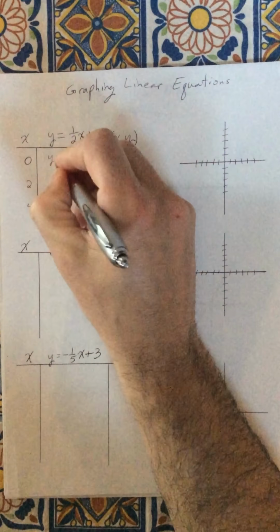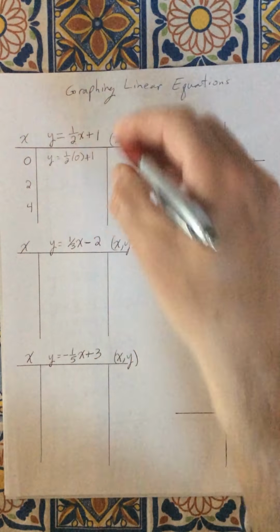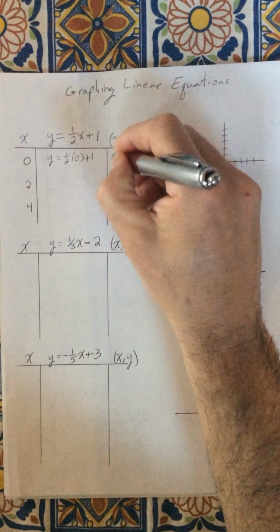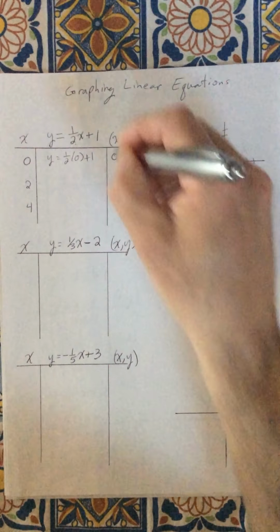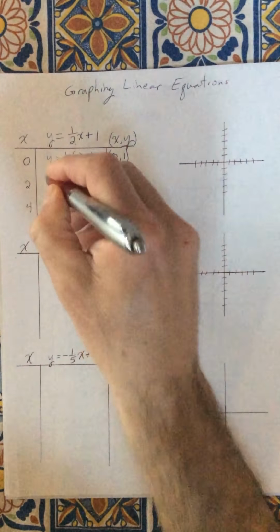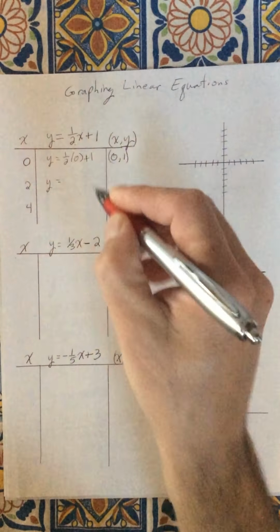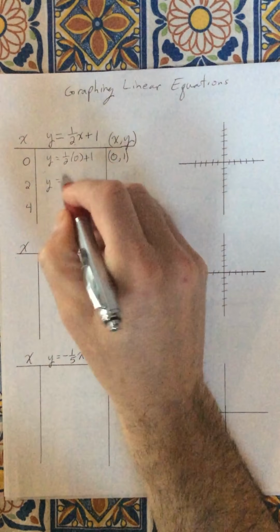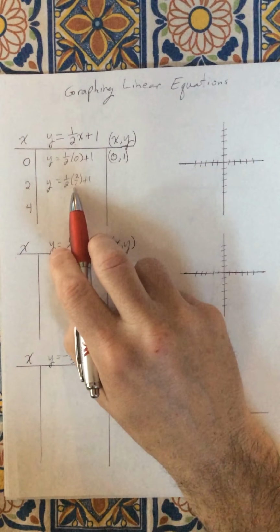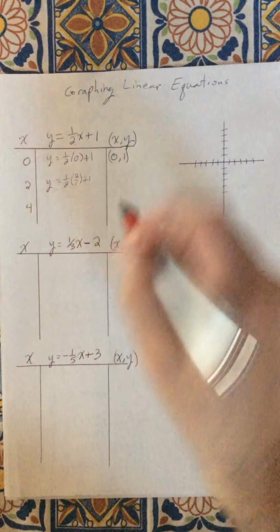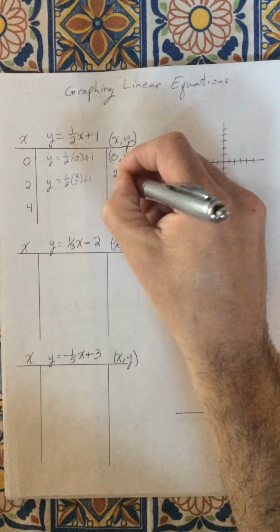Well, we know 1/2 times 0 is 0, plus 1 is 1. So my coordinate is going to be 0, 1. The next one, y equals 1/2 times 2 over 1, plus 1. So 1/2 times 2 is 1, 1 plus 1 is 2. So my coordinate is 2, 2.